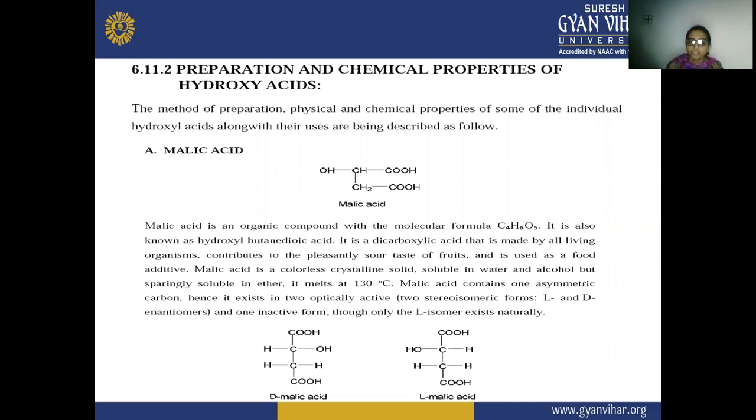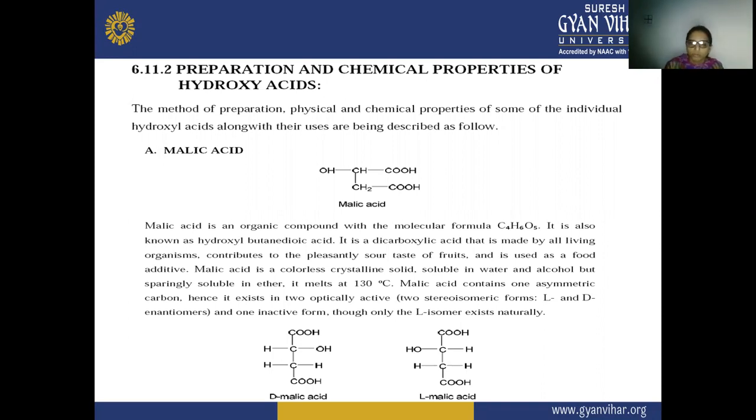It melts at 130 degrees centigrade, and it contains one asymmetric carbon. Hence it exists in two optically active stereoisomeric forms, levo and dextro, and one inactive form, though only the L isomer exists naturally.